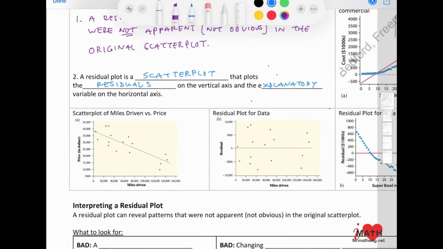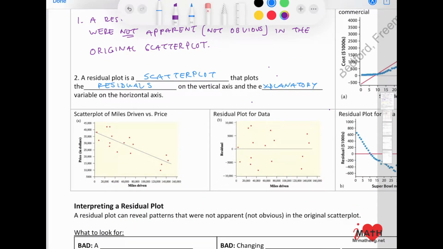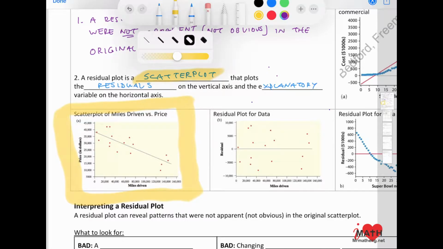Okay, so let's make sure we understand. This is a scatter plot of miles driven versus the price. So if you drive a car a lot and you have a lot of miles, then it's actually worth less. Seems pretty obvious, right?